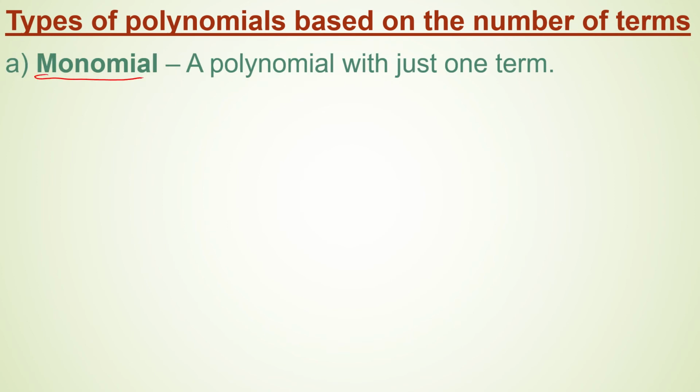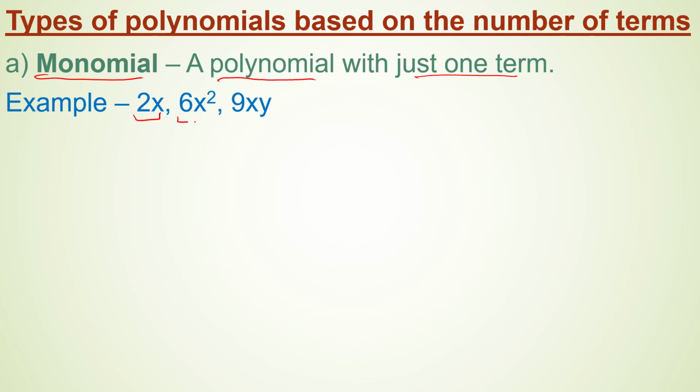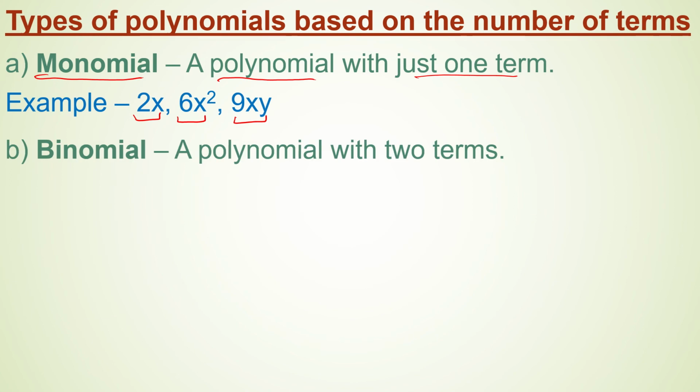First is monomial. A polynomial with just one term is known as a monomial. For example, 2x, 6x square or 9xy. These are three different polynomials. Now, binomial. Bi refers to 2.